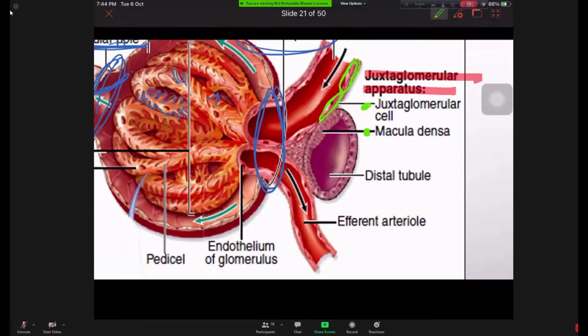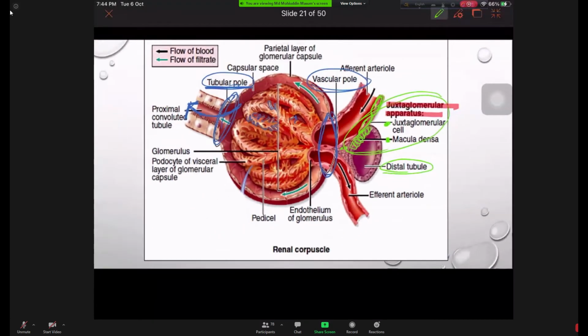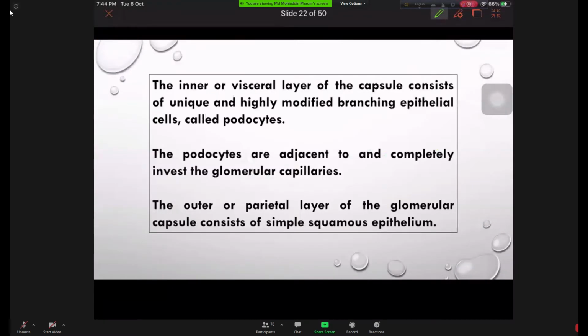The macula densa are cells of the distal convoluted tubule that lie alongside the juxtaglomerular cells, and there are interstitial cells here called Lacis cells. Those three types of cell form the juxtaglomerular apparatus. We'll see their function later.